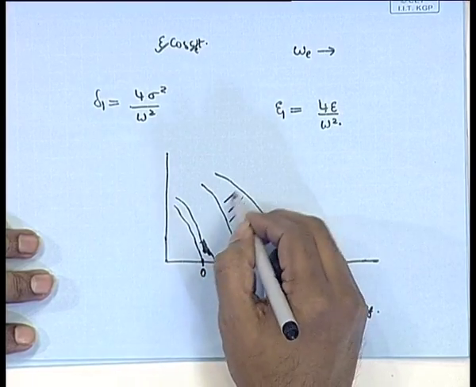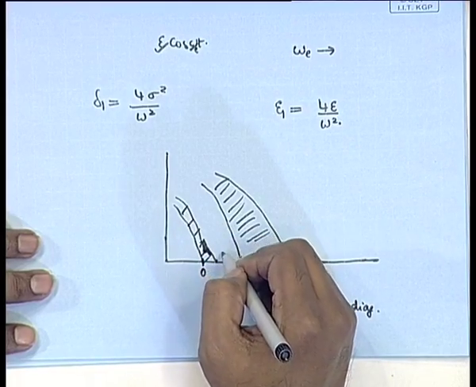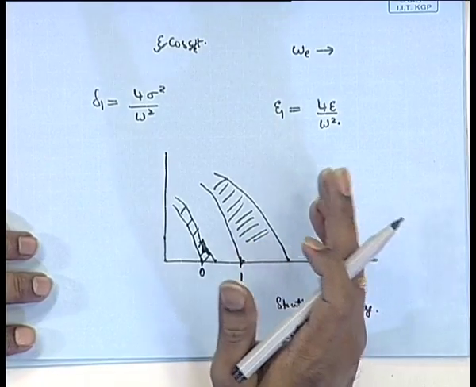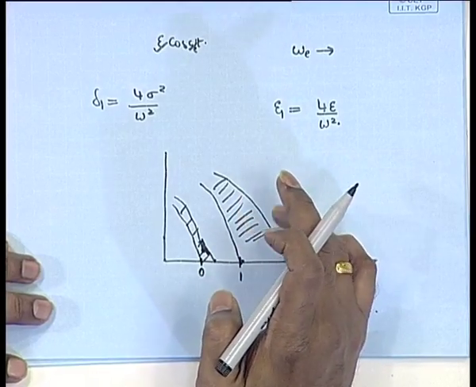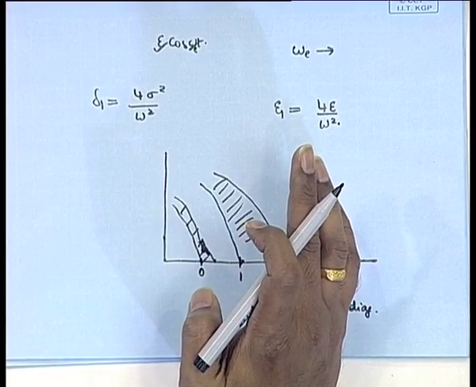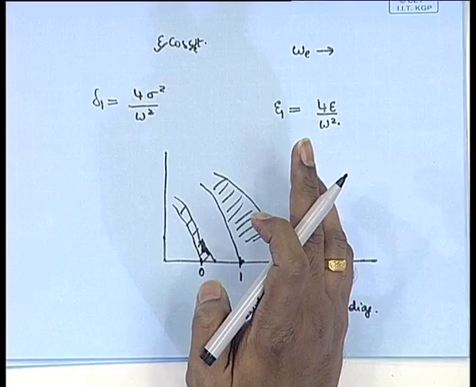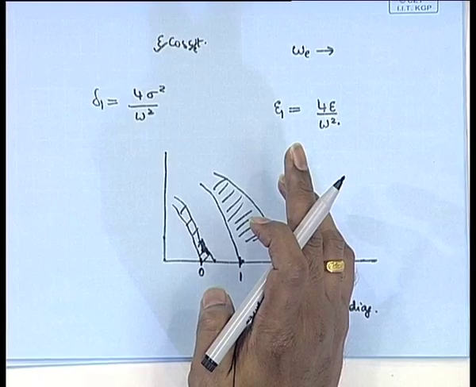Some regions which are shaded, some regions which are not shaded. So, these unshaded regions represent the regions of unstable, and shaded regions represent stable regions. So, these are two regions in this Strutt's diagram which represent the stable and unstable regions.